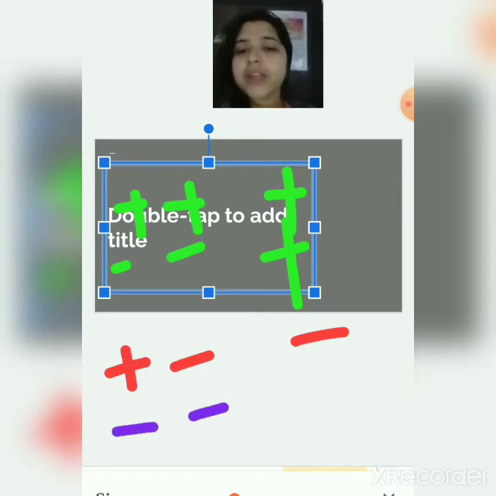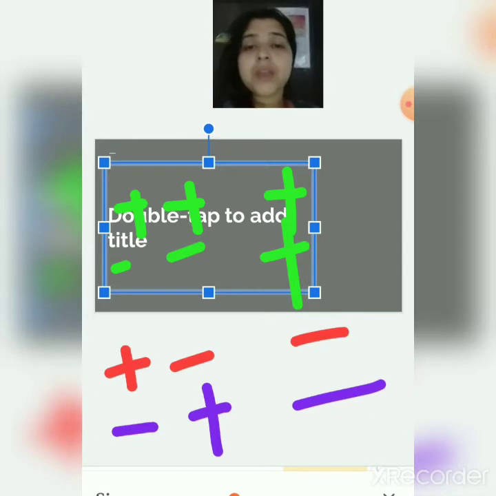If we have minus plus, then also minus. The second most important thing is that after doing this, you have to check which number is greater, and after that you have to put the sign of that number in the answer.